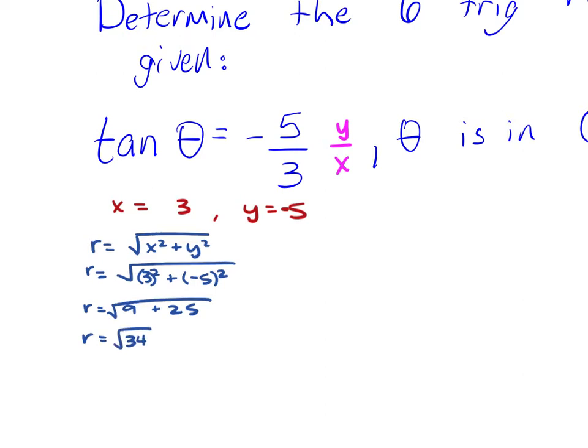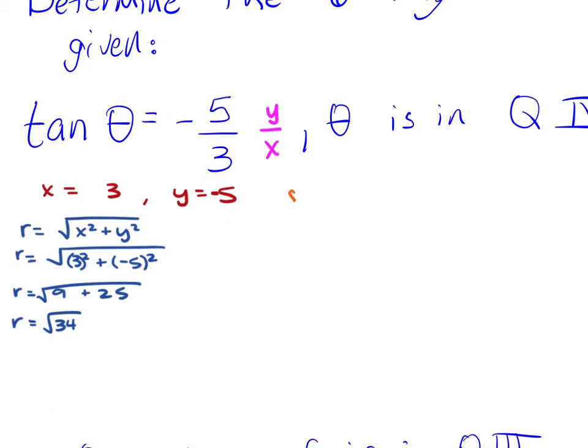So it's the square root of 34. From here, we have an r, we have an x, we have a y. We said that sine is y over r, which is going to give us y, which is negative 5, over r, which is the square root of 34. You cannot keep the square root of 34 in the denominator, so multiply top and bottom by the square root of 34. This gives us negative 5 square root 34 over 34.